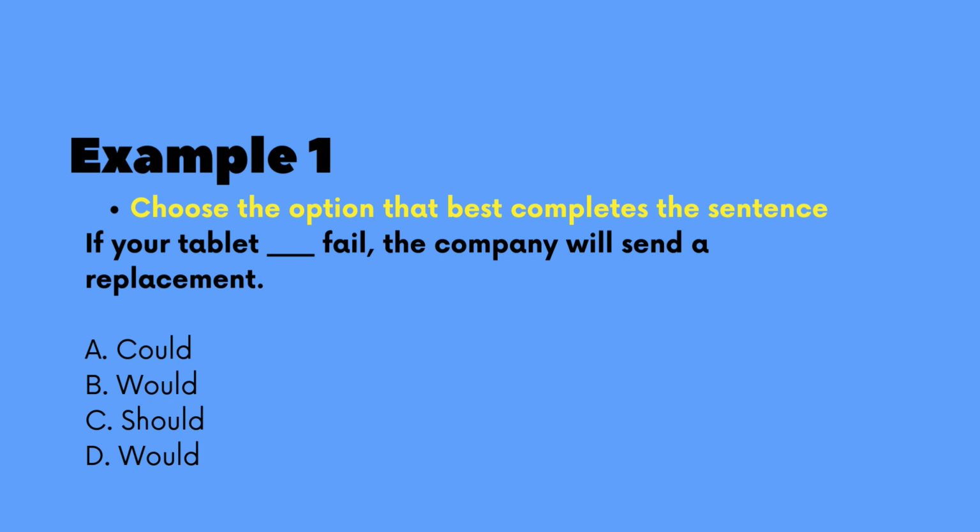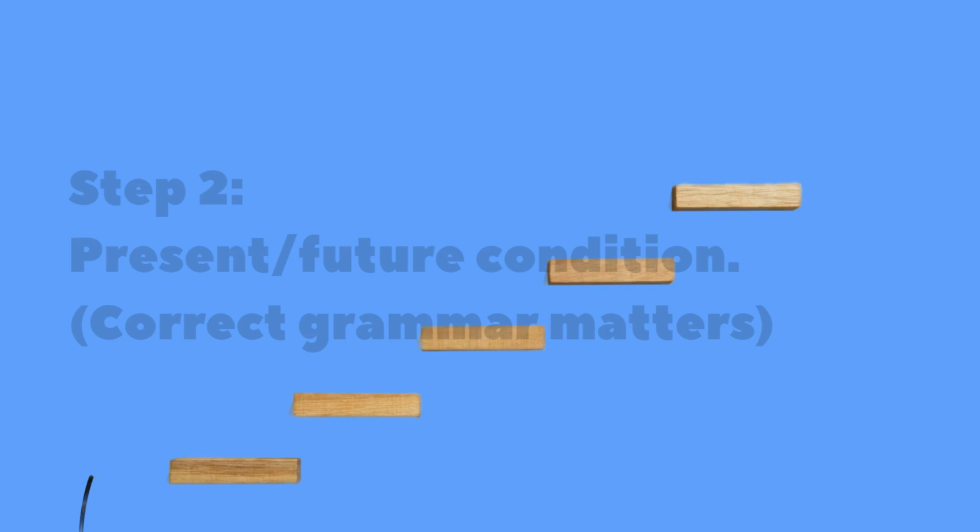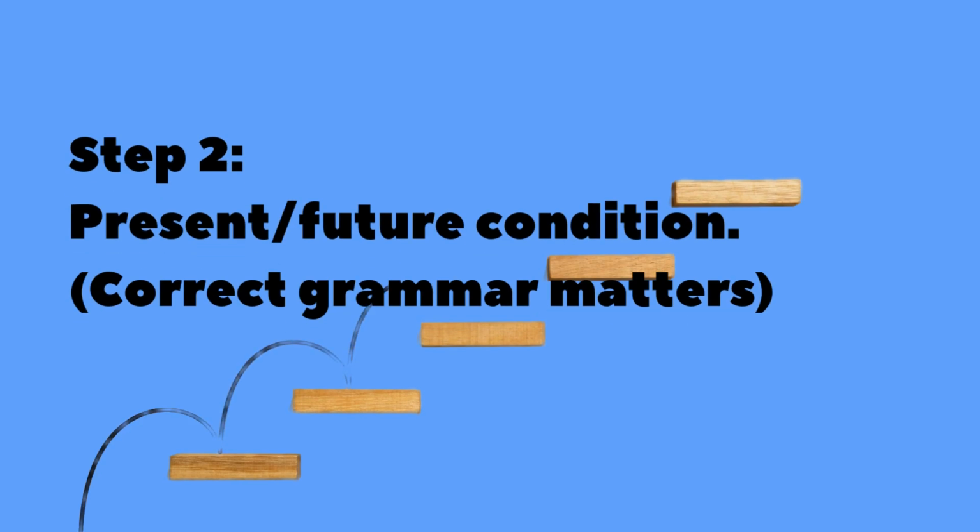So which means if your tablet dash fail, the word we are looking at in this case should either be in present or future condition, which means if your tablet fail in the future, if your tablet dash fail in the future or in the present, that word will be the correct choice for me.